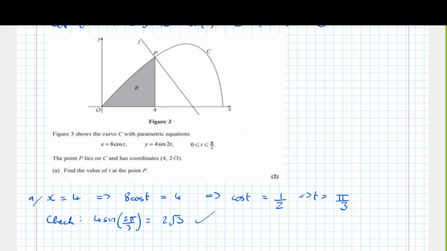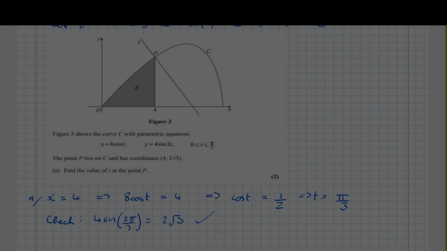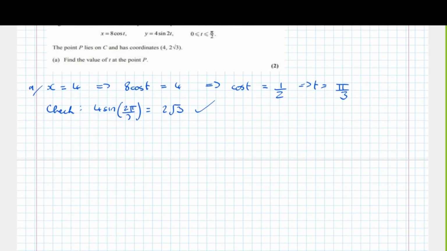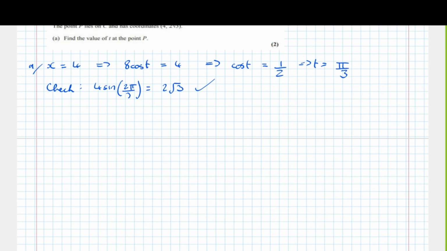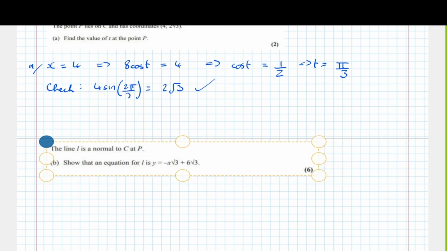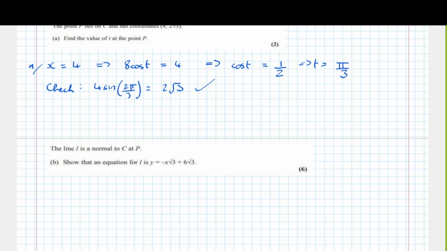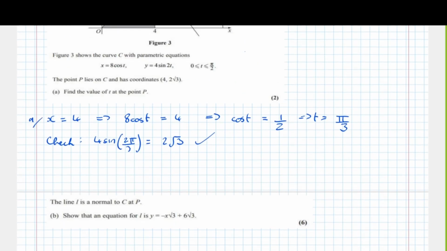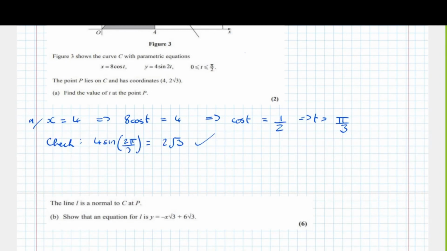Right, part B. The line L is a normal to C at P. Show that the equation for L is that there. So that's all we need.